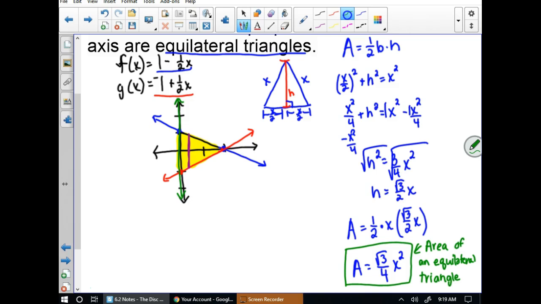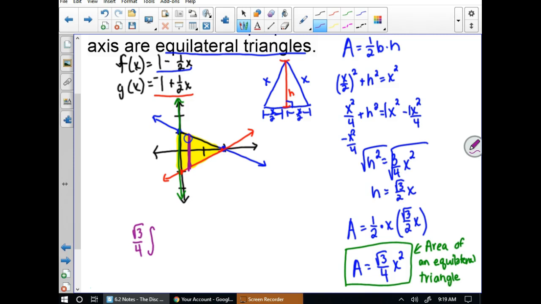Okay? And that x right there is the length of that purple line that I have. Top function minus bottom function. So for this problem, we would integrate, and I'm going to put that square root of 3 over 4 on the outside of the integral because it's just the coefficient.